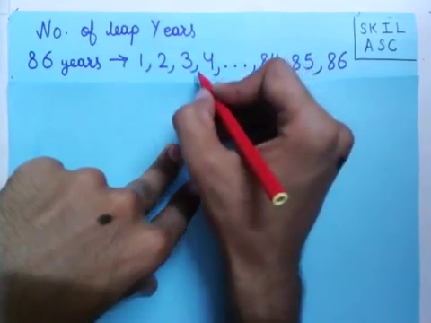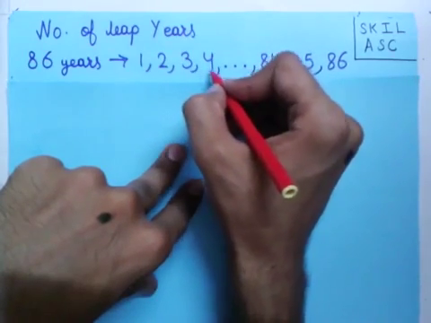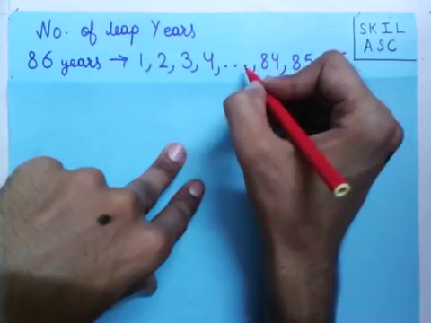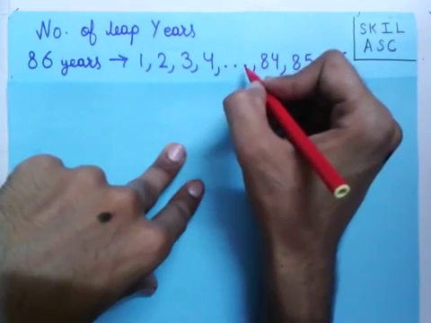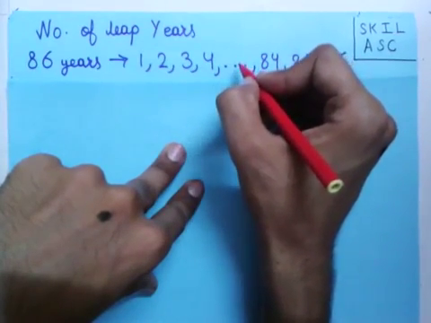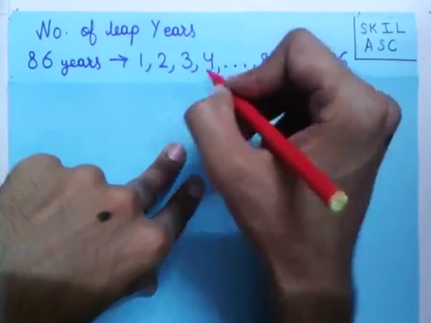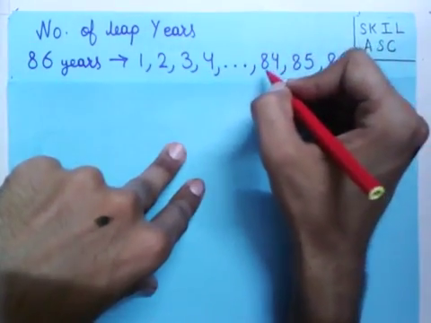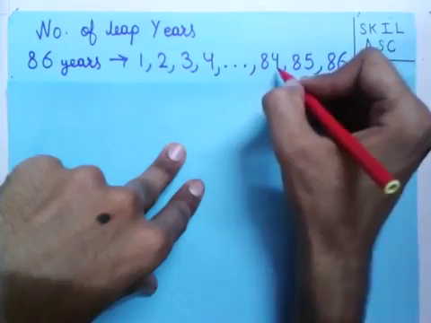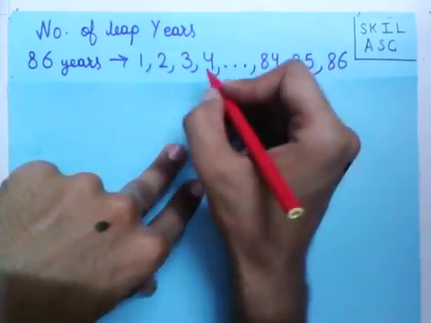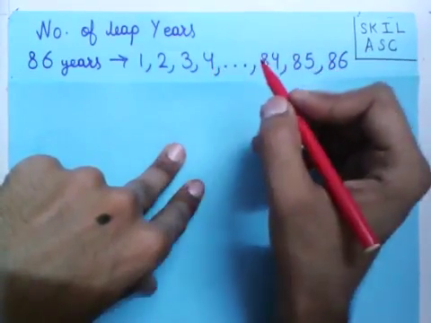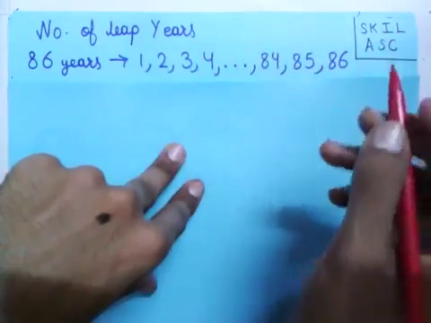You see, at 4, this 4 is a leap year, and then you will find 8 as a leap year, and then 12 as a leap year, and so on. And in the last you will find 84 as a leap year. So I can say that at every fourth step you will find a leap year.